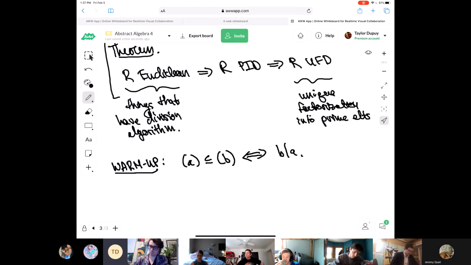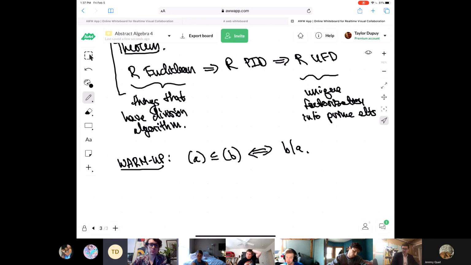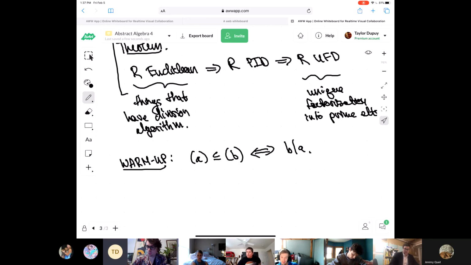Well, A is contained in B, so in particular the element A is contained in B. And so that means that A looks like B times something else, and when A looks like B times something else, that means B divides A. That's exactly the definition.